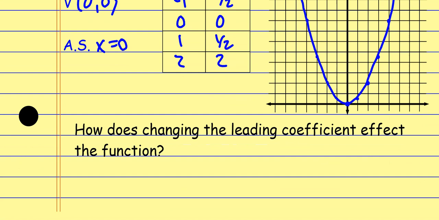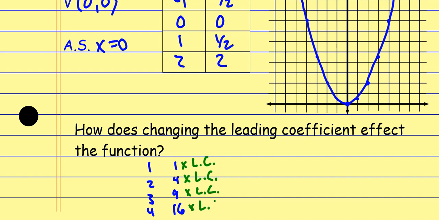Well, if we look at this, how is it affected? The pattern was over 1 up 1, over 2 up 4, over 3 up 9, over 4 up 16 when I count from the vertex. Basically, we multiply this by whatever that leading coefficient is. So if that was a 2, then the pattern all of a sudden became up 2, up 8, up 18.